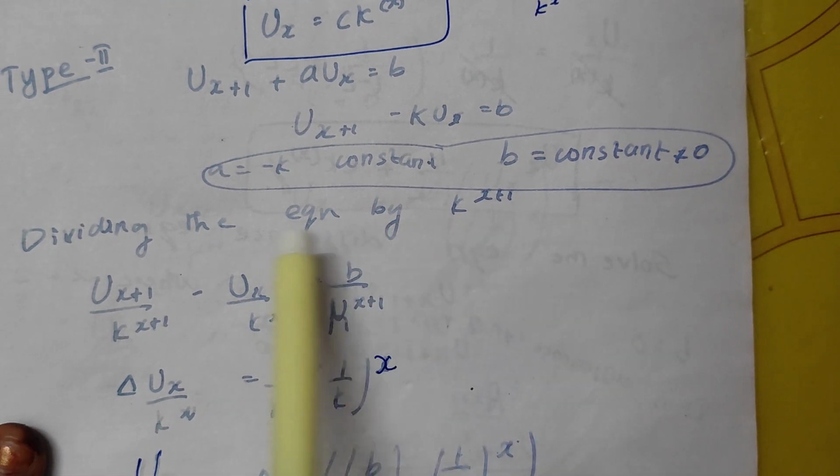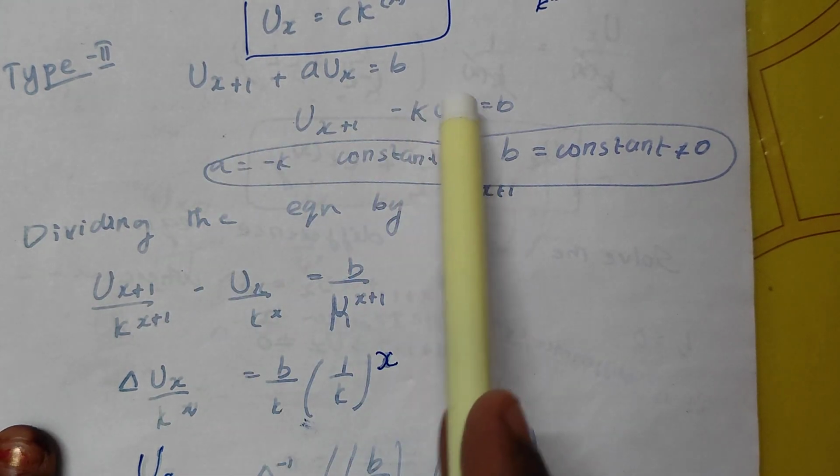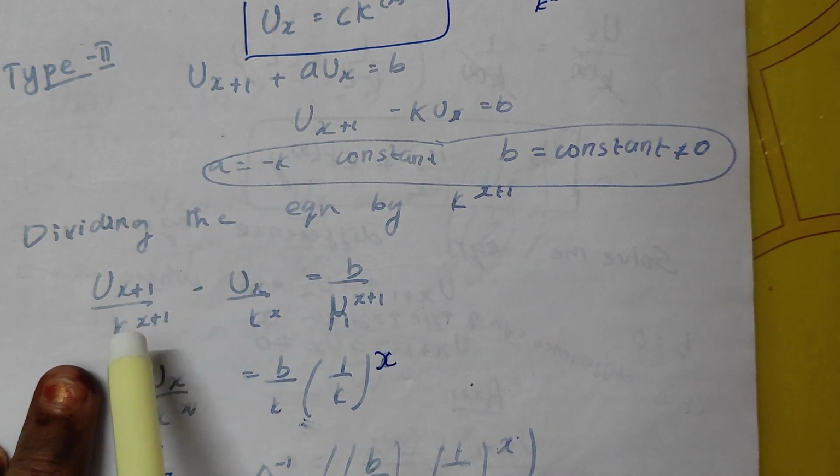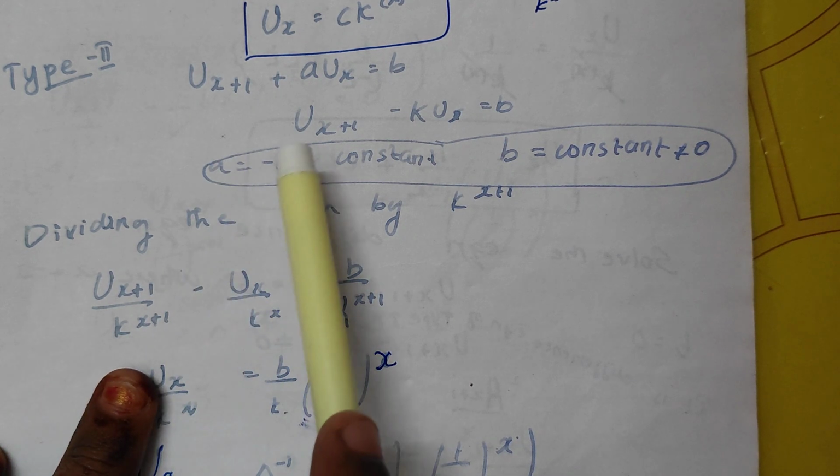Then what I'm going to do is divide these three terms by k power x plus 1. So first substitute: u(x+1) plus a, where instead of a I substitute minus k, so u(x+1) minus k·u(x) is equal to b. I am dividing each term by k power x plus 1.